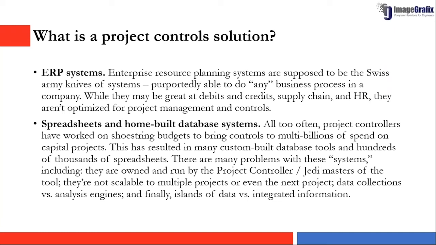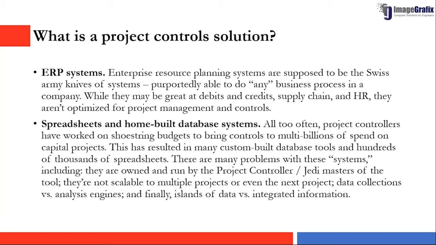And then the spreadsheet and home-built database systems. Project controllers work to create these systems. If there are any big projects, they will be able to create some small solutions to be used for these projects, as well as an Excel sheet or spreadsheets that they will use to track all the changes happening, and they need to update everything manually every day.